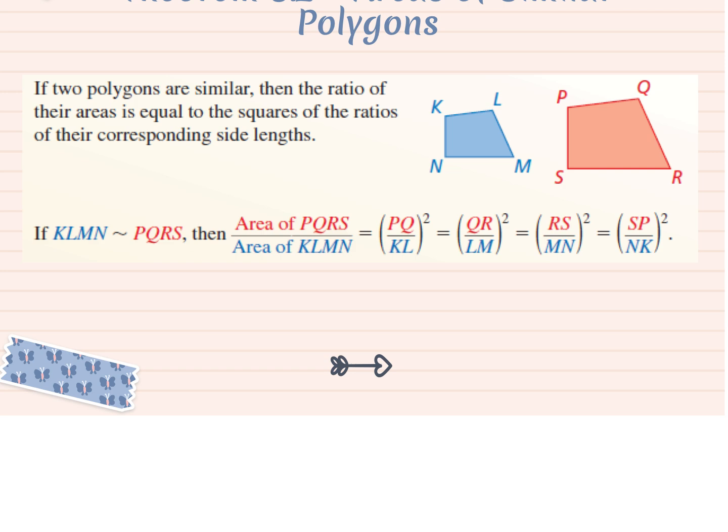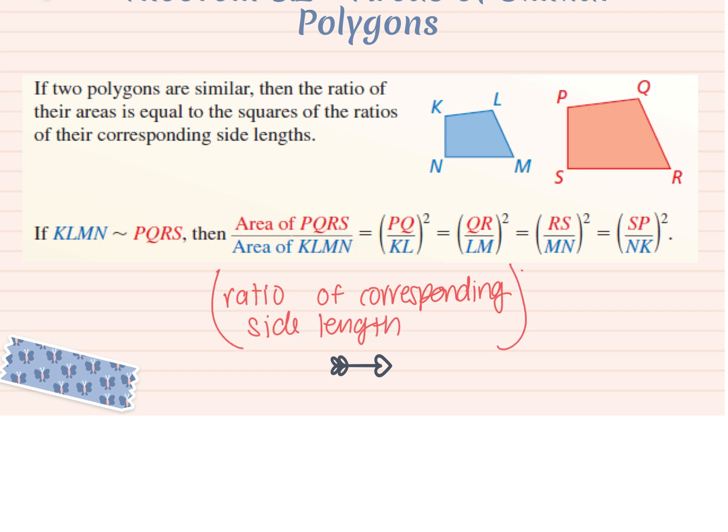Okay, so it says if two polygons are similar, then the ratio of their area is equal to the square of the ratio of their corresponding lengths. So you're going to take the ratio of the corresponding side length, and you are squaring it. What's another name for your corresponding side length ratio?